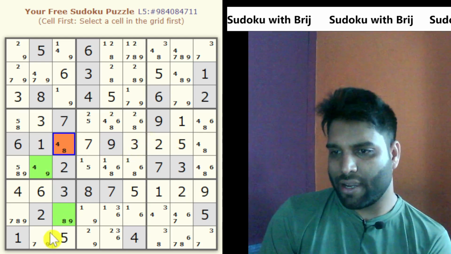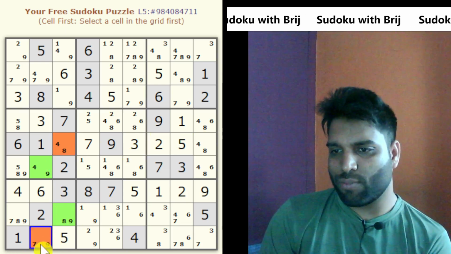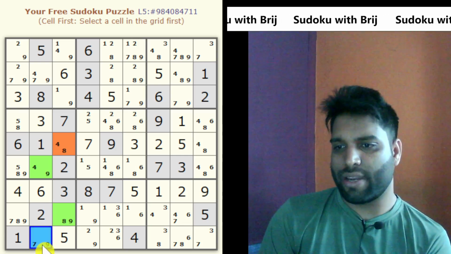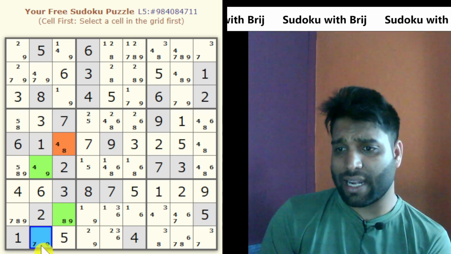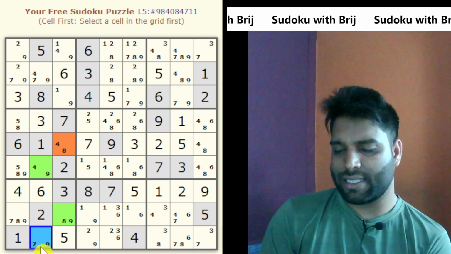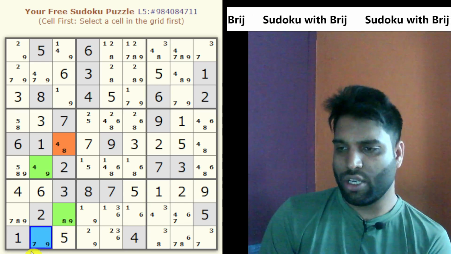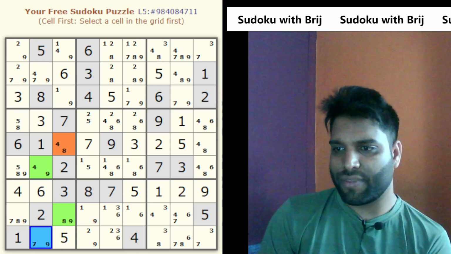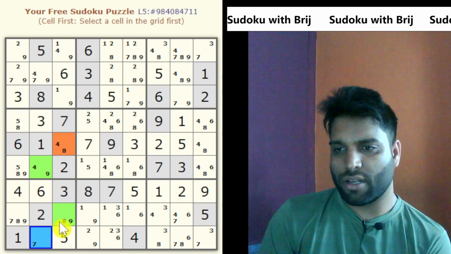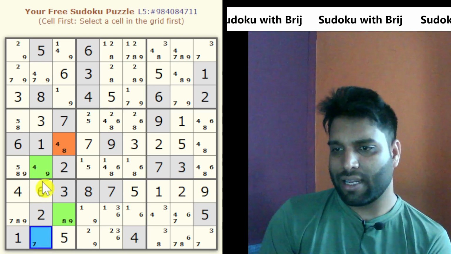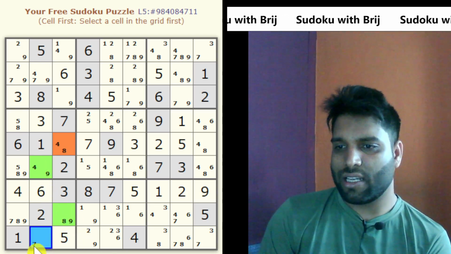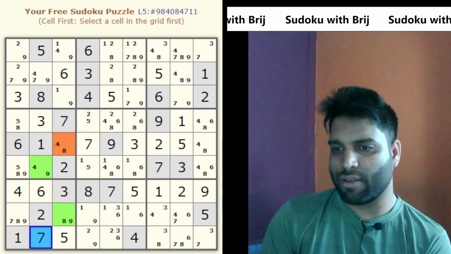So here the cell which can see both the 9s, I can mark this as blue, this is 7 9. This cell can see this 4 9, and this cell can also see this 8 9. So in the blue cell we can remove the 9 because this cell can see both these two cells.